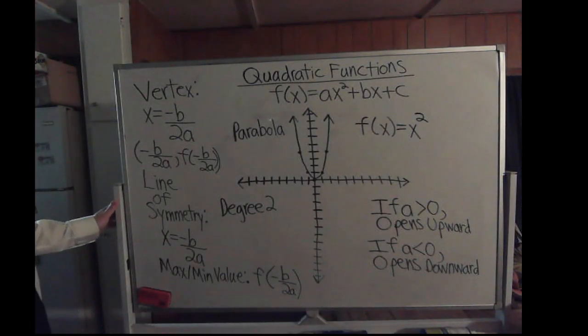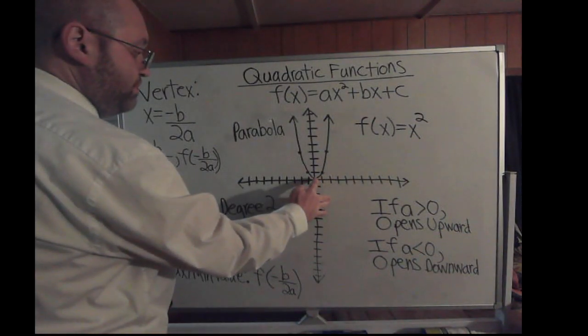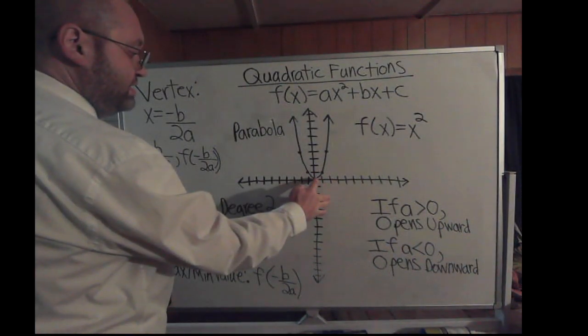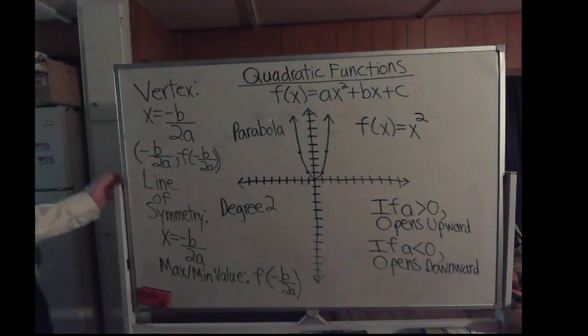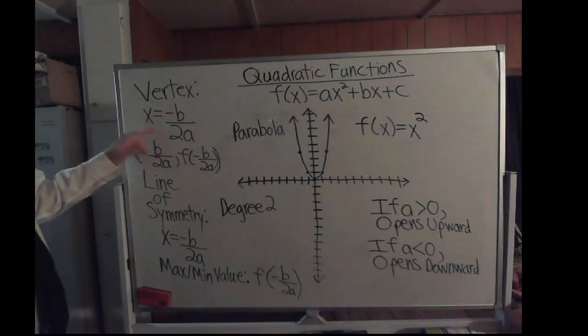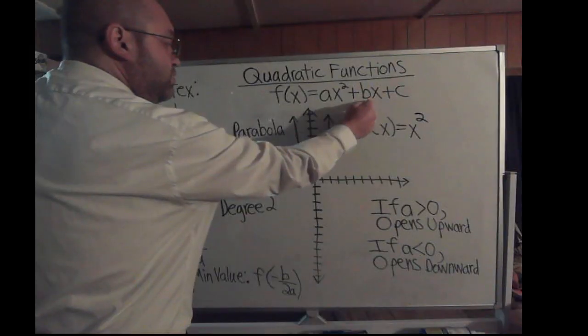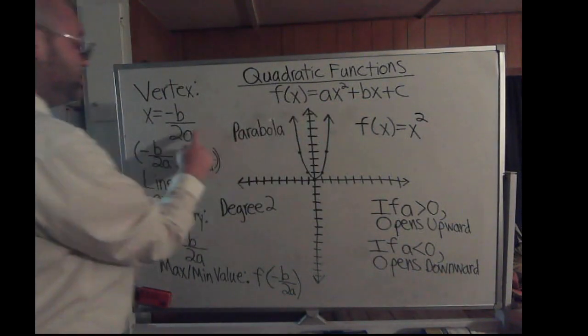Now, some things about the graph of a quadratic function. The lowest point here, down here at 0, 0, that's the vertex. In general, to find the vertex of a quadratic function, you take the negative of the b coefficient on your x term over twice the a coefficient on your x squared term.